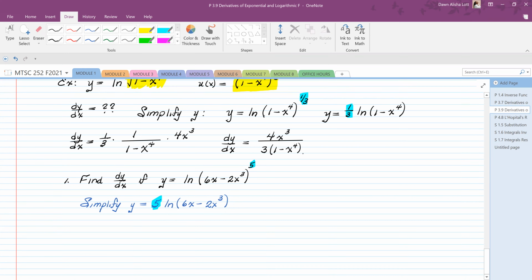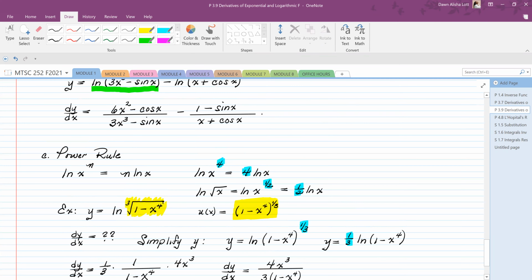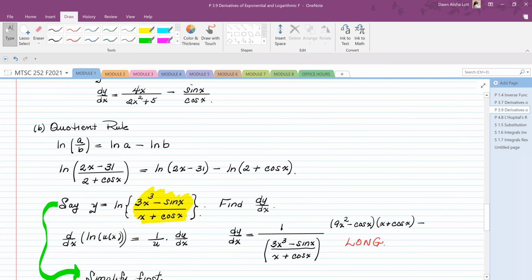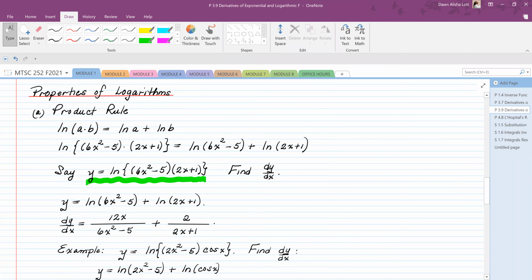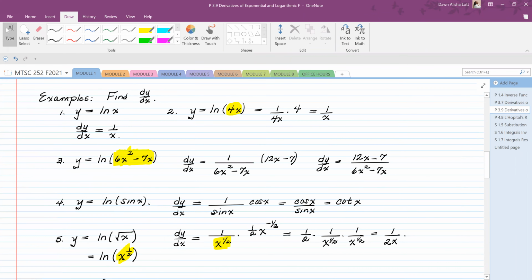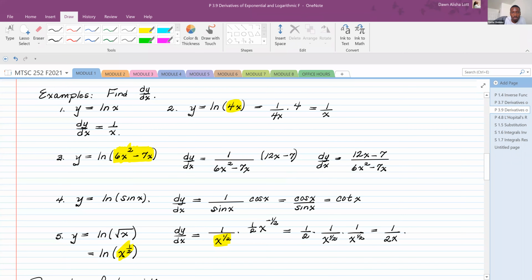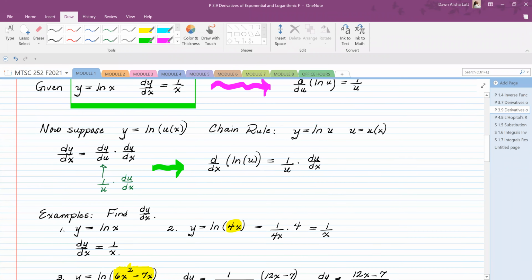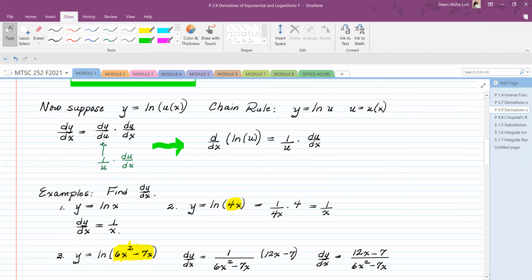So let's go back. Okay, Xavier, we're going to go back. There it is. Okay. So when you're taking the derivative of the log of a function, you put the function in the denominator, and then you put its derivative on top.